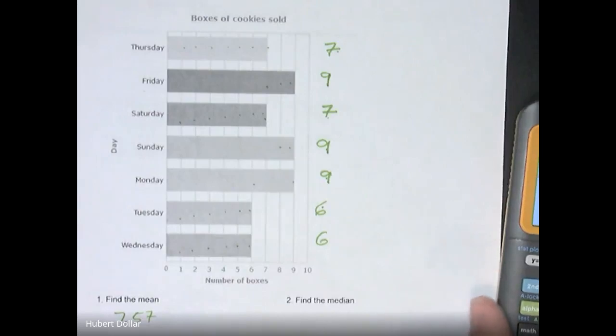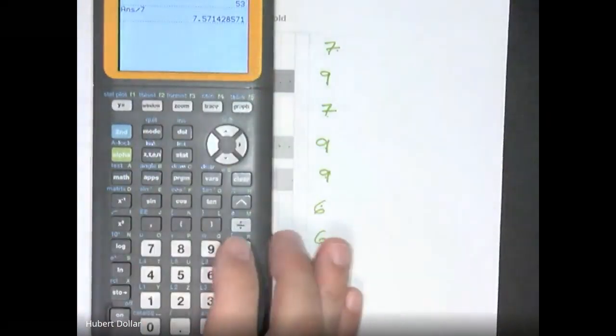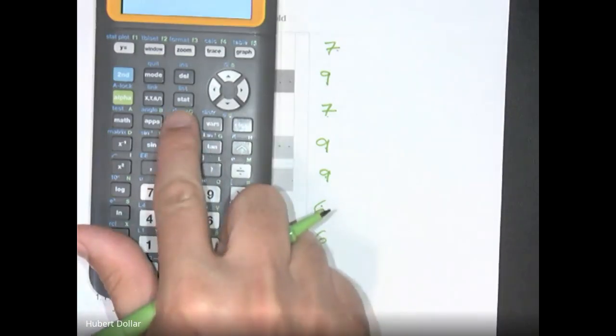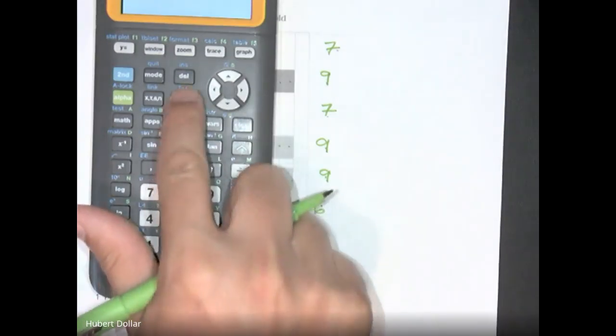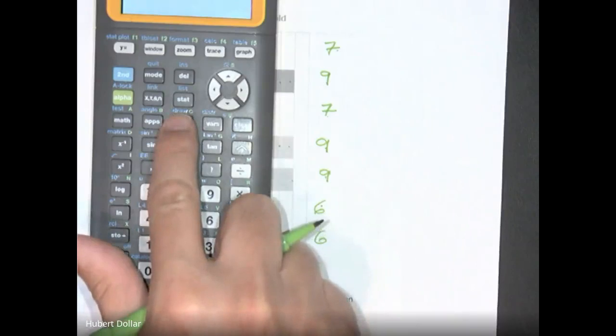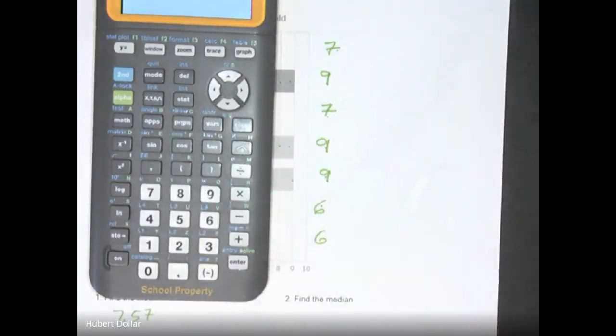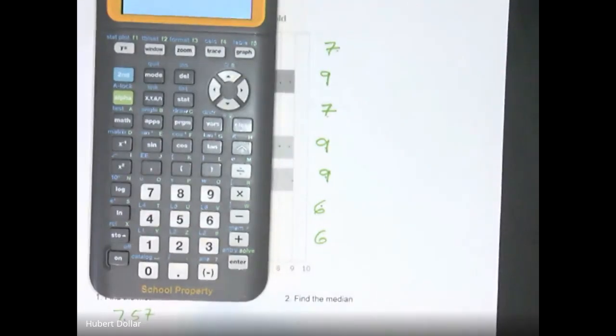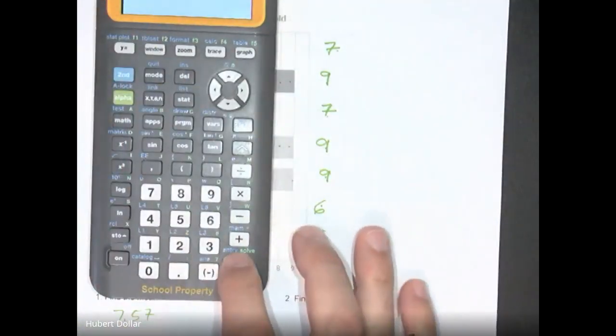Now, you can also use this calculator as a computer. This key right here is the stat key. So you hit stat, S-T-A-T. And we want to edit our data.